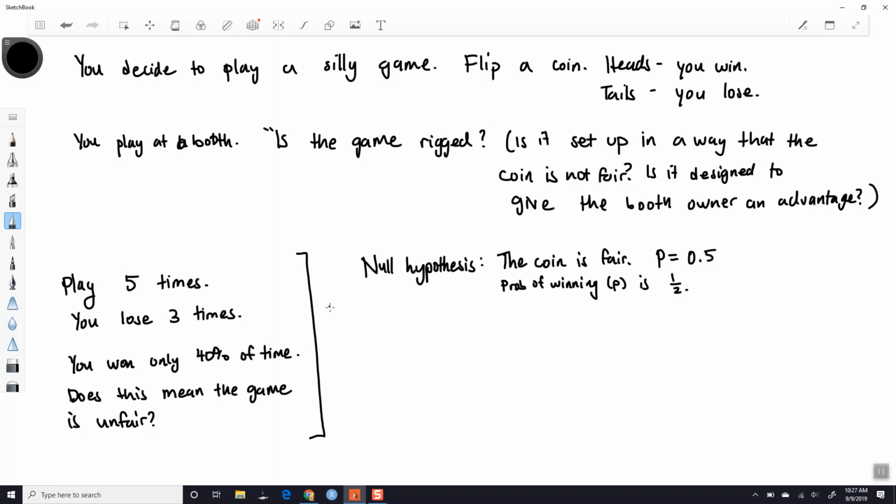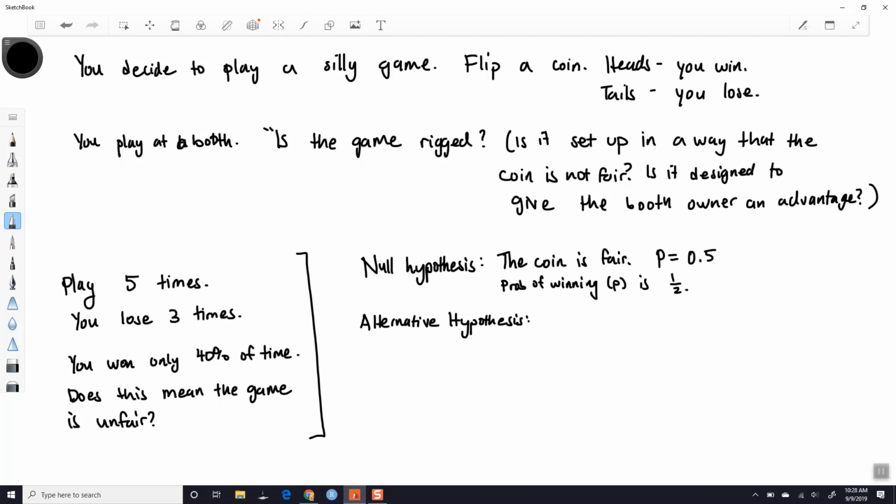And then the alternative, what would our alternative be? Okay, we want to know, is the game rigged? Is it set up in a way that the coin is not fair, or is it designed to give the booth owner an advantage? So what would we say?